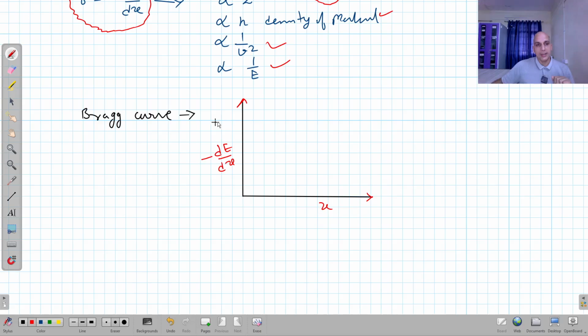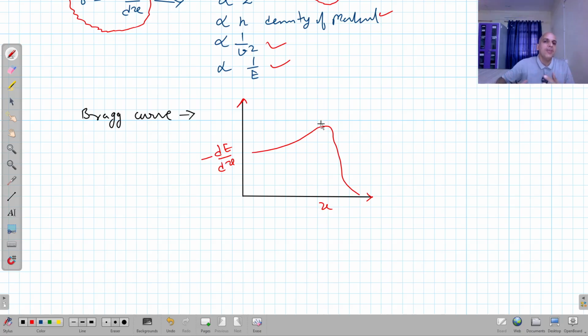Now if you look at the Bragg curve that we found, you can see from this curve we can draw a conclusion that initially, when the particles start traveling through that medium, the energy loss per unit length is small. But as the particle travels further, the energy loss per unit length starts increasing.